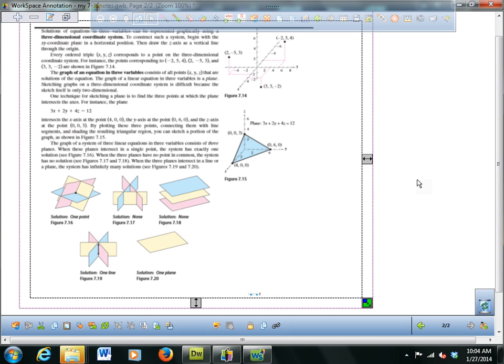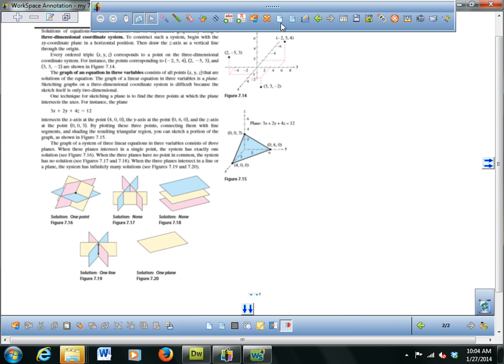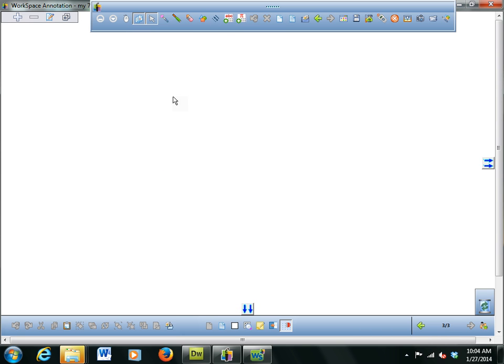And then the last thing, I don't have much time, but they also talk about a non-square system, okay? In a non-square system, you come up with the equation of a line.